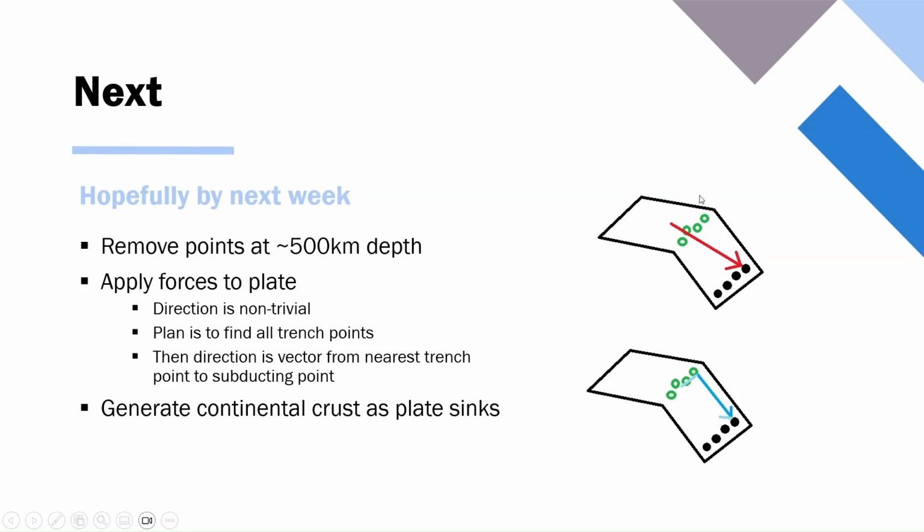This would make this plate slide that way. Additionally, well, it wouldn't because this is even, but you can imagine a plate that had a funny shape where these were cut off and these two weren't subducting and these were, and that would apply a kind of sliding force in the wrong direction.